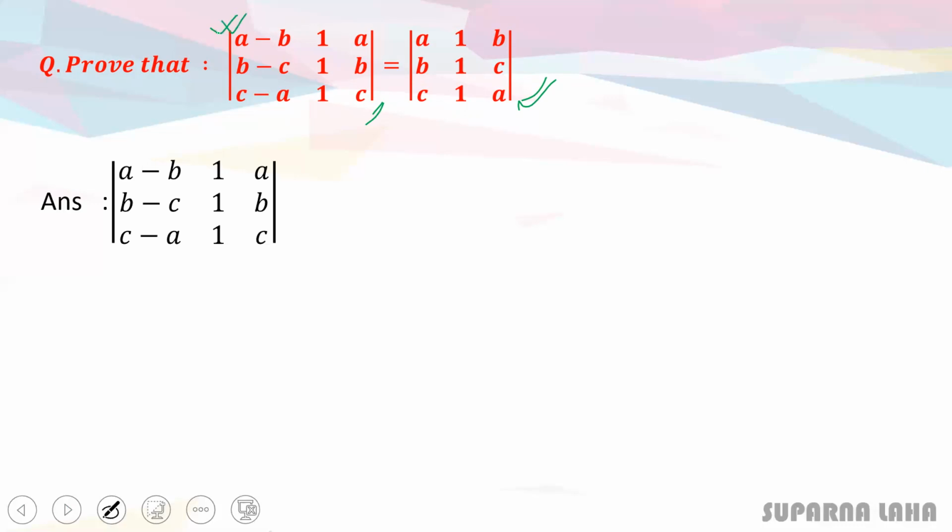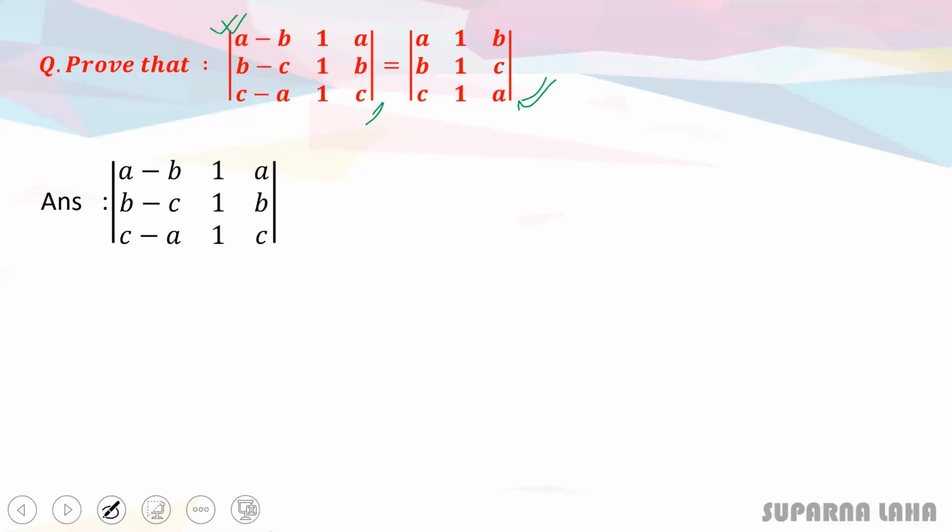Now look at this property, property number 7. What is given? If in a determinant each element in any row or column consists of the sum of two terms, then the determinant can be expressed as the sum of two determinants of the same order.